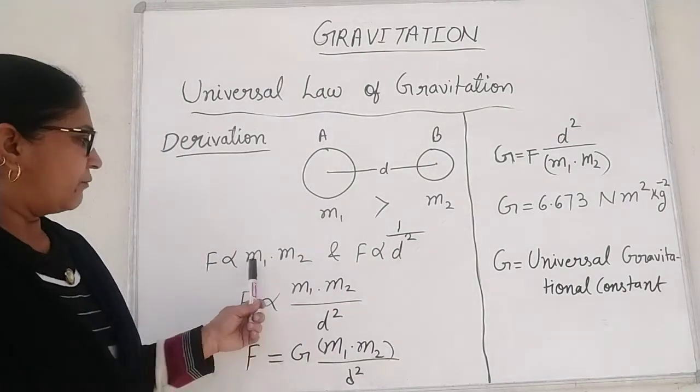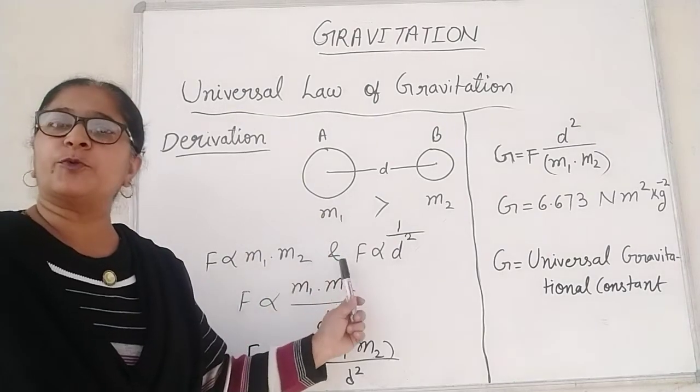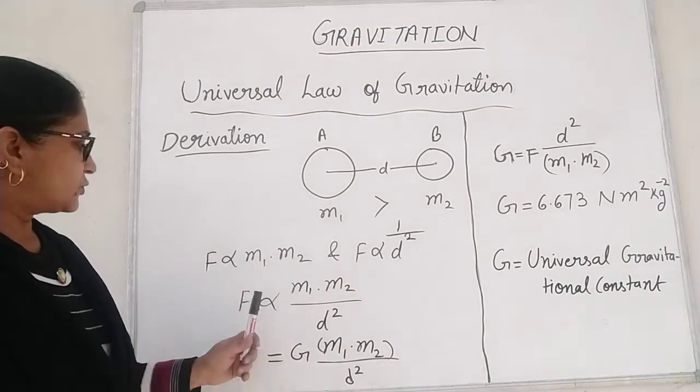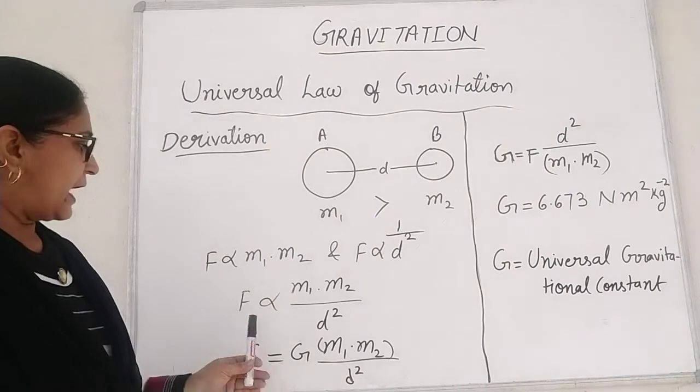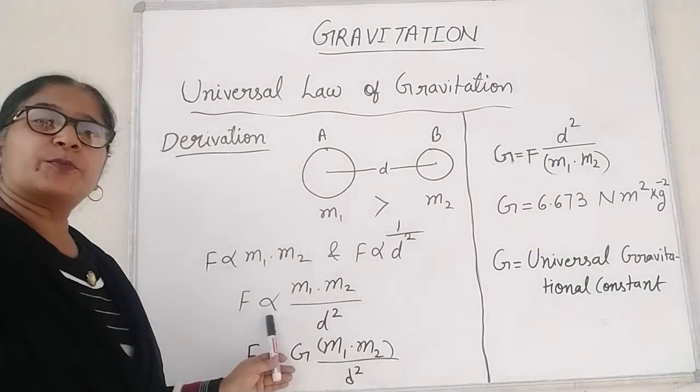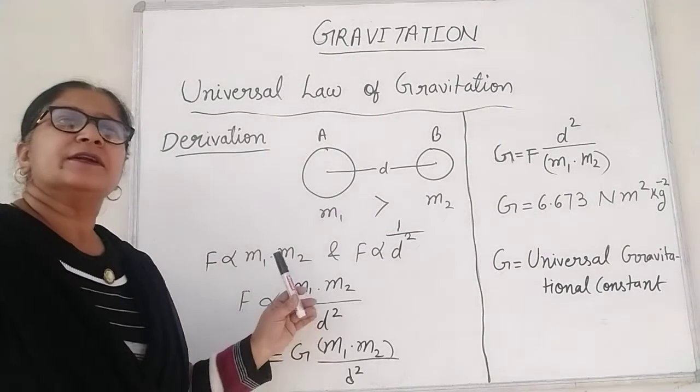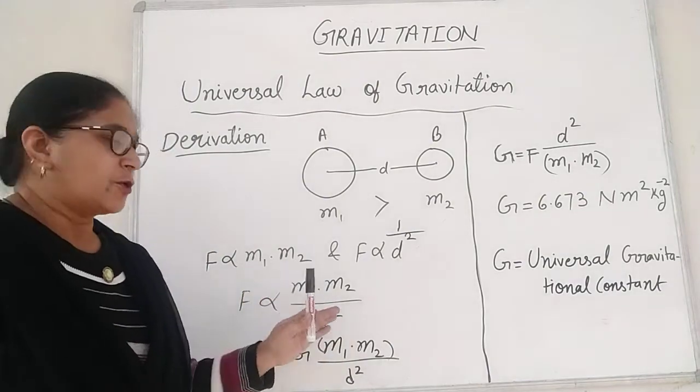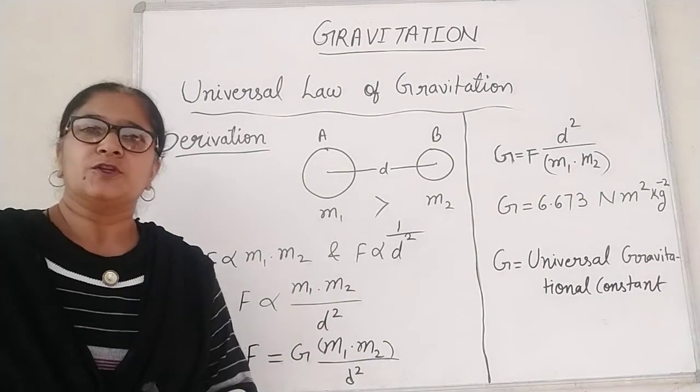When we combine both relations, we get F proportional to m1 times m2 over d squared.